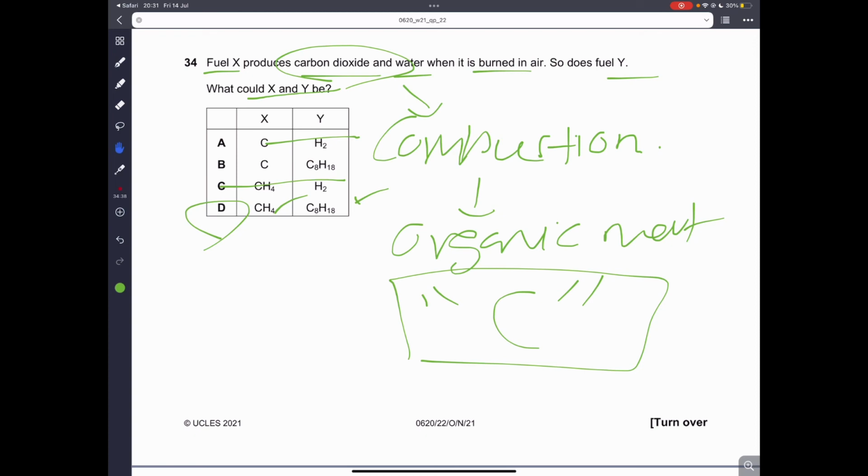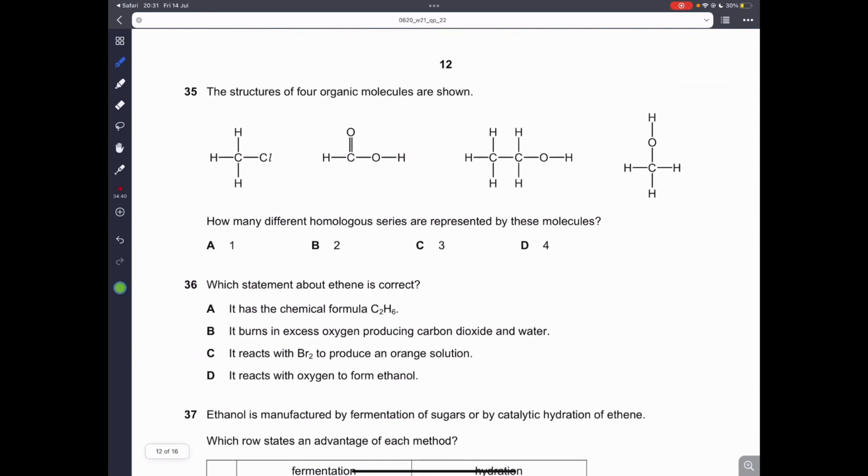35. The structures of 4 organic molecules are shown. How many different homologous series are represented by these molecules? Remember, we can see an alkane here. We can see, what is this? This is the carboxylic acid.